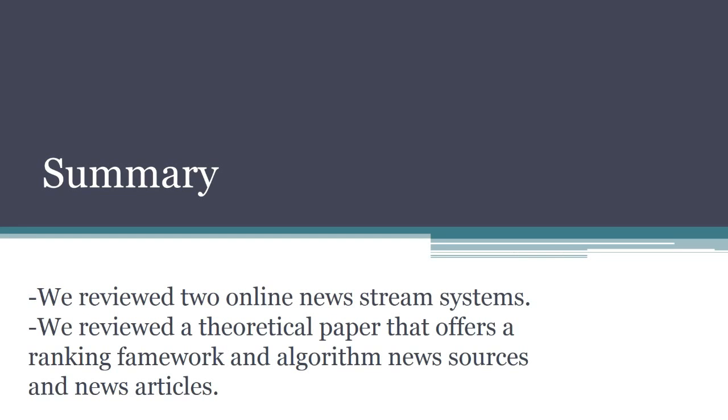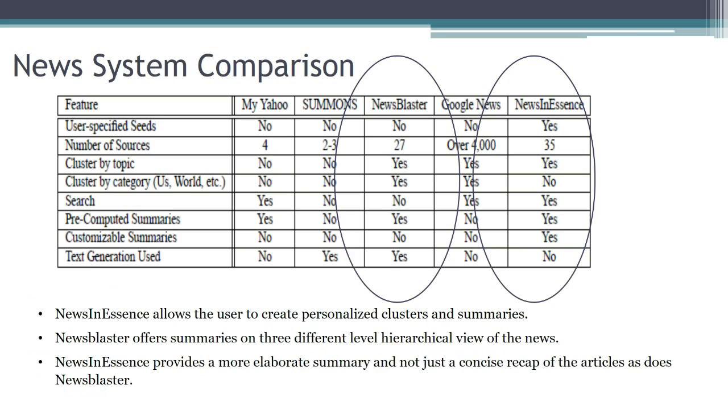So today we reviewed two online news stream systems, News Blaster and News in Essence. The third paper we reviewed is a theoretical paper that offers a ranking framework and algorithm for news sources and news articles. So just to review the comparison, like we see here, we have customized summaries.